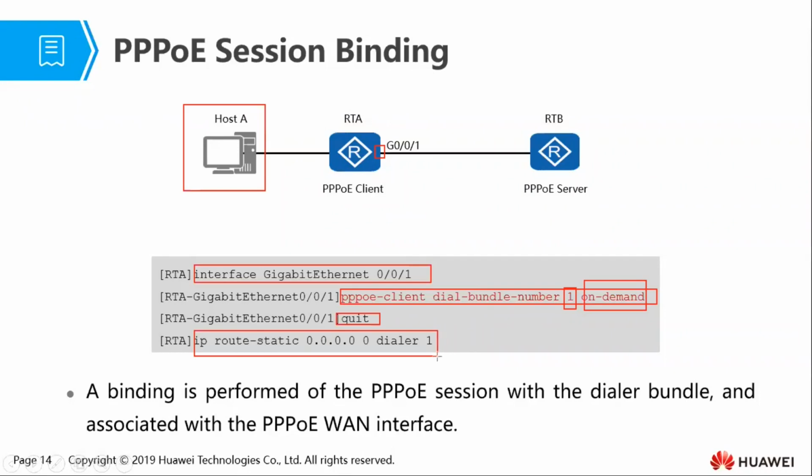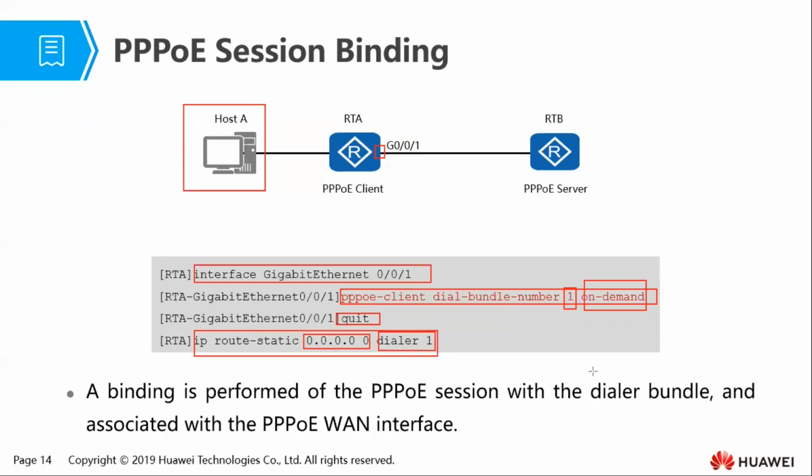This time we are using the default static route. We are simply telling the router that if you need to go to any network, deliver that packet to this interface, dialer 1.